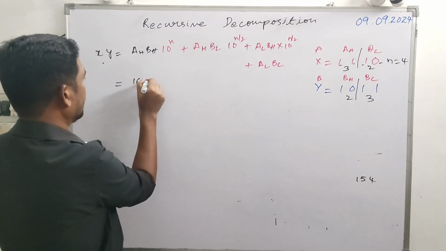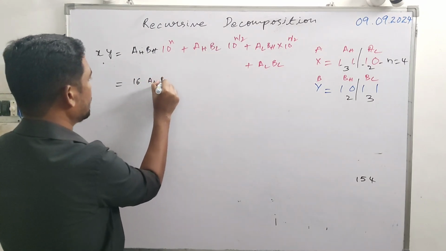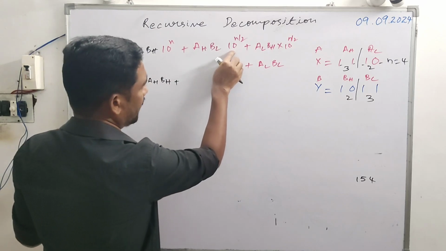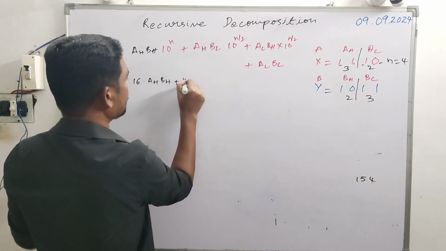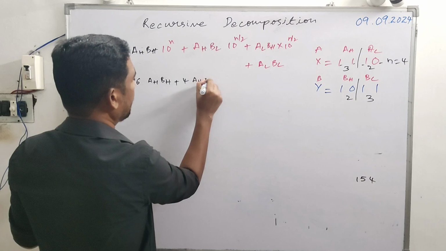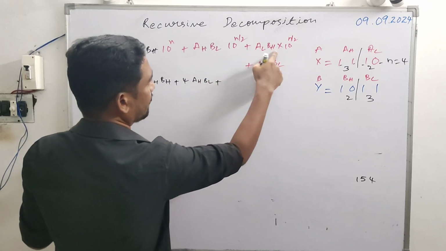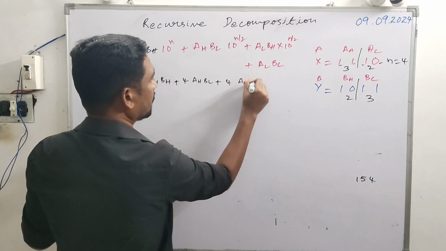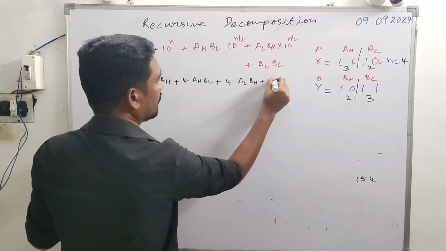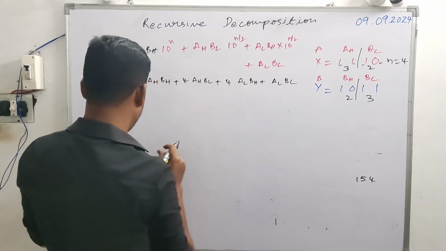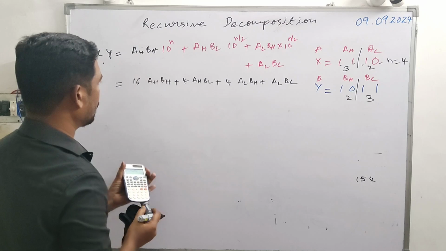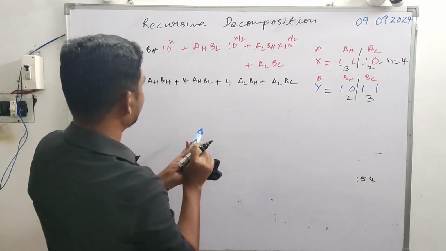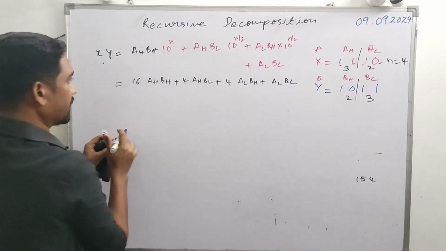So once again writing that one. AH BH plus 2 raised to n by 2, 2 raised to 2, it's 4 times AH BL plus, it's again 2 raised to 2, it's 4 times AL BH plus AL BL. Once again, we have AH, AL, BH, BL, all these over that side, and plugging in those values whatever we have decoded.